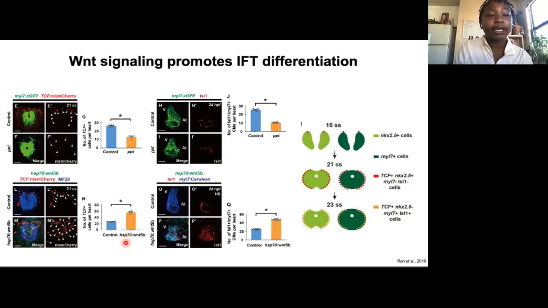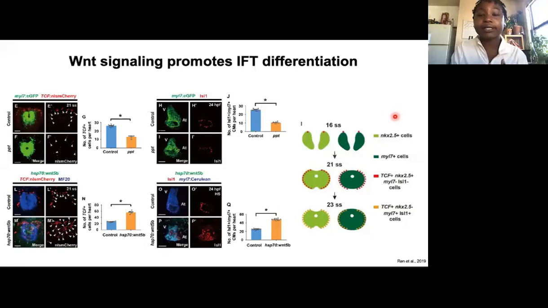Oppositely, in the embryos with increased Wnt signaling, they see a higher number of TCF positive cells compared to the control, as well as a higher number of islet-1 positive cells. With these results, the group models a mechanism wherein, in pacemaker inflow tract development, Wnt signaling activity at the periphery of the heart field promotes islet-1 expression through the simultaneous repression of NKX2.5.